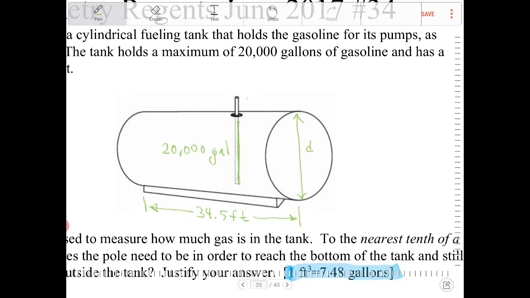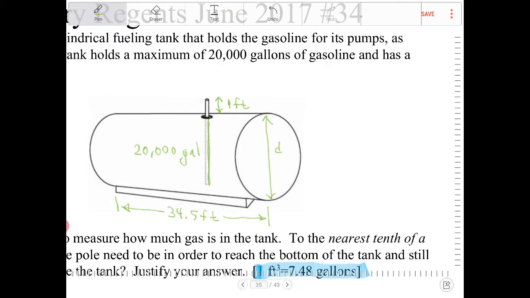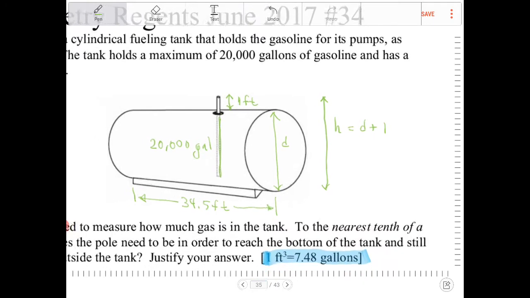But we also need the pole to extend 1 foot out, right? So the total height of the pole, which I'm going to label as h, will equal d plus 1. Whatever value we end up with, we will need to add 1 to it.